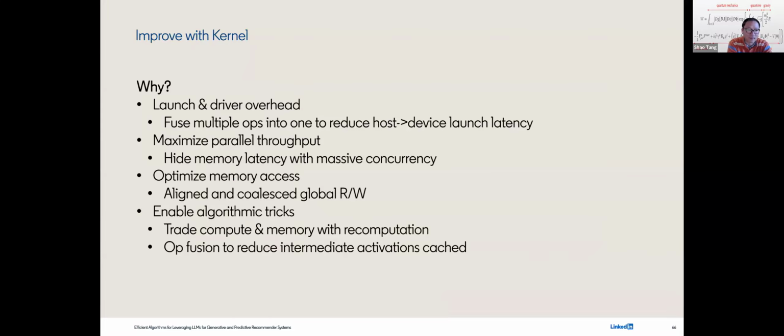There are many advantages. First, we can reduce overhead, and significantly we can fuse multiple operations into one, as we wish. We can also maximize parallel throughput, like hide memory latency with concurrency, and we can optimize the memory access.